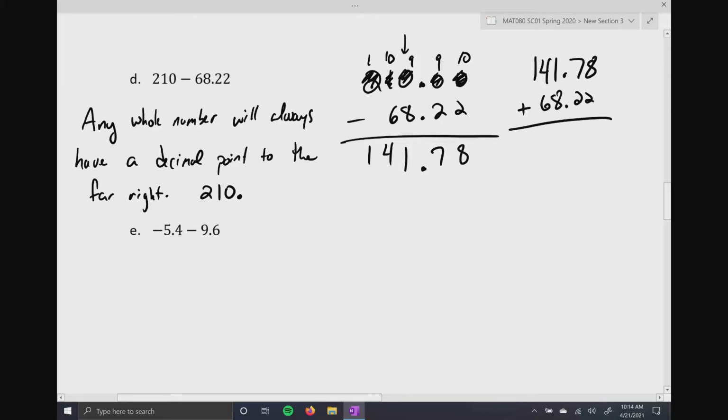Now, let's check ourselves. 8 and 2 is 10. Carry the 1. 1 plus 7 is 8 plus 2 more is 10. Carry the 1. 1 plus 1 is 2. Plus 8 is going to be 10. Carry the 1. 6 and 4 is 10. Plus 1 is 11. Carry the 1. And we come up with exactly 210.